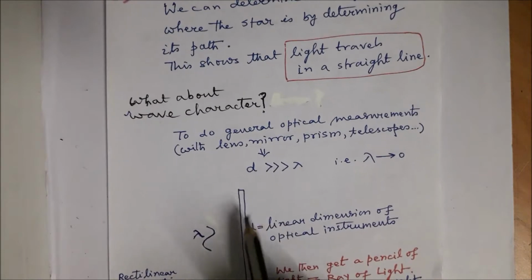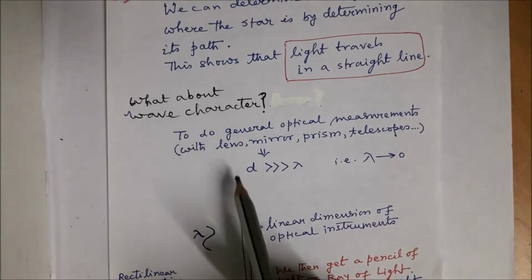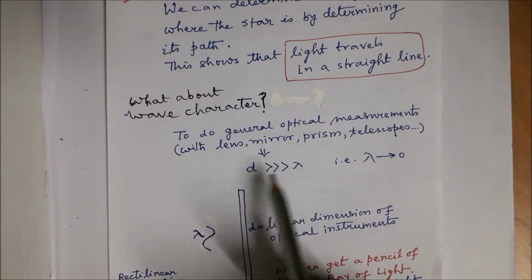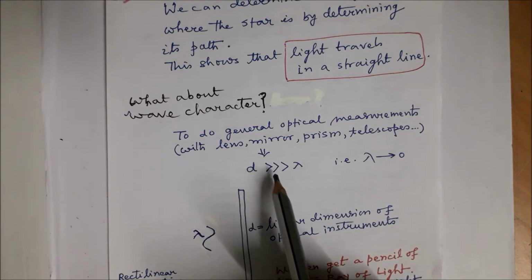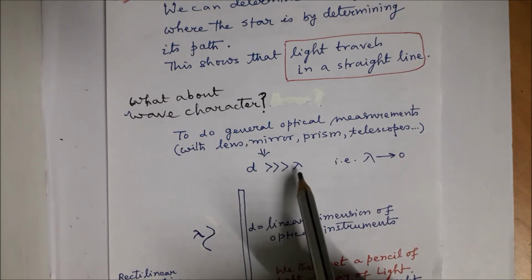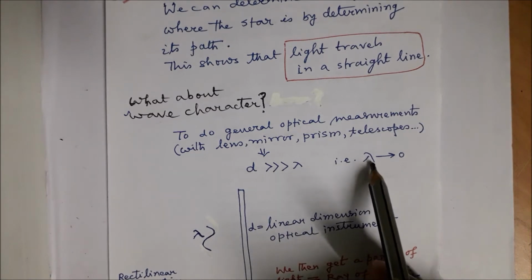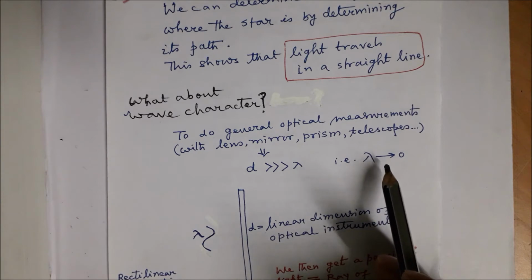One is the wavelength of light, supposing wave character, and the linear dimension of the instrument that we use. Now if you compare these two lengths, the dimension of the apparatus is far larger than the wavelength of light. So compared to the dimension of the apparatus, we can set lambda tends to 0. In other words, we can ignore the wave property of light.